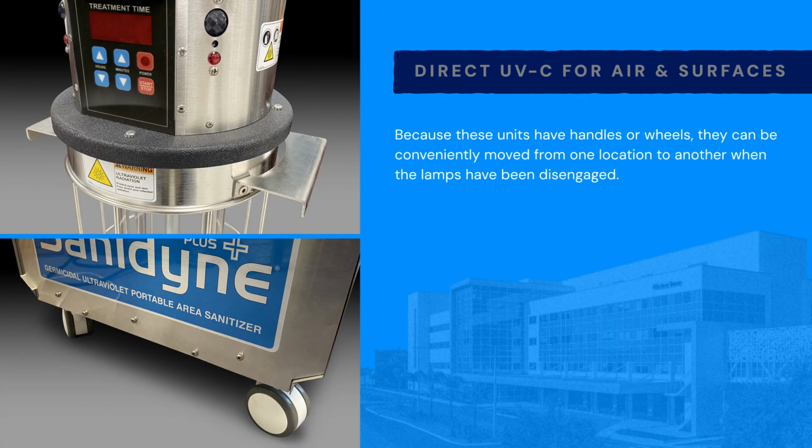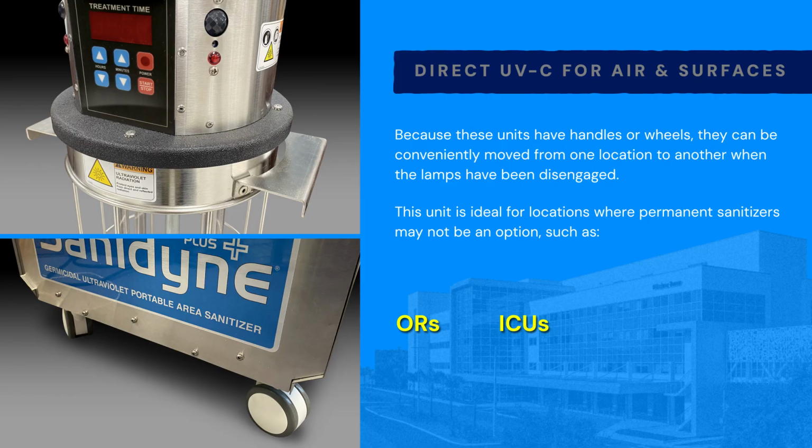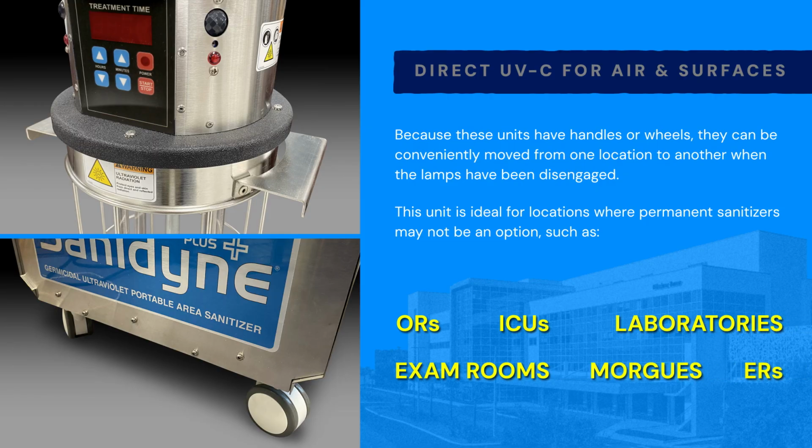Because these units have handles or wheels, they can be conveniently moved from one location to another when the lamps have been disengaged. This unit is ideal for locations where permanent sanitizers may not be an option, such as ORs, ICUs, laboratories, exam rooms, morgues, and ERs.